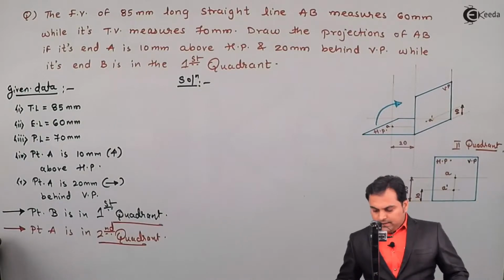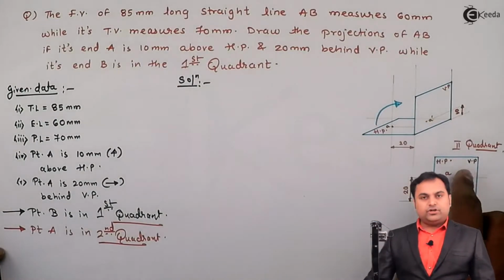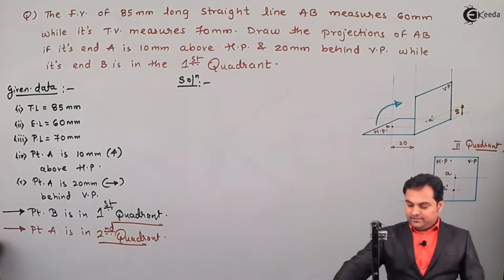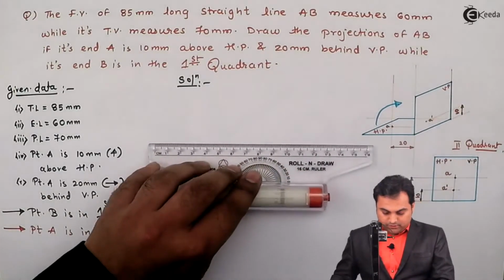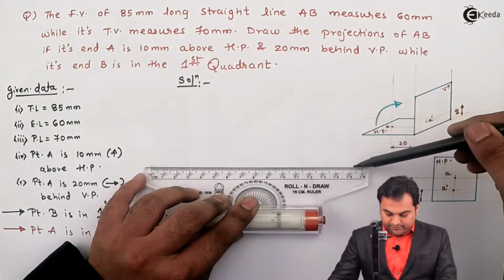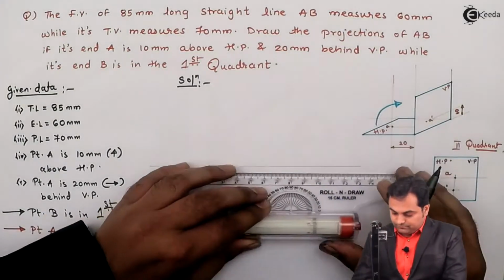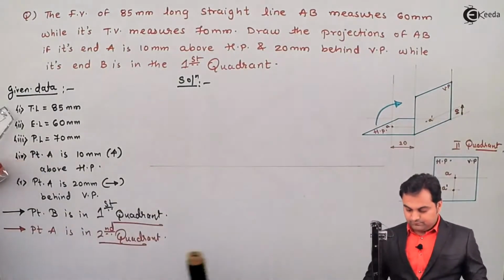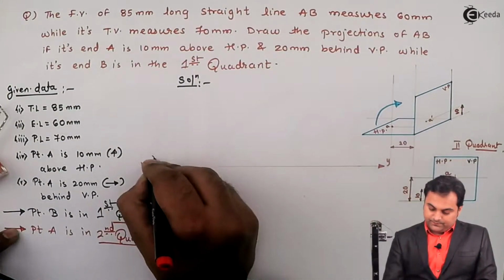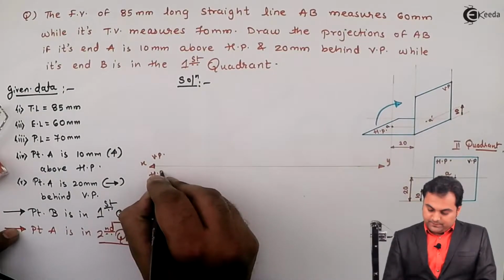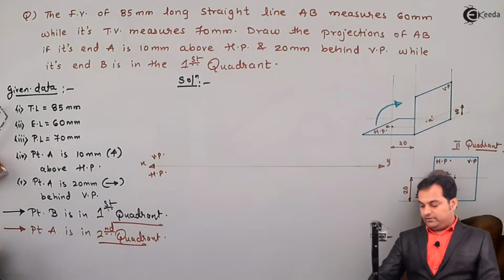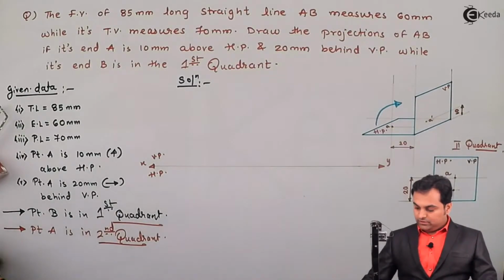So now I would be starting with this location of point A in the solution to this problem so that we can understand how it should be done. Now first I am taking a light horizontal line which is XY line. Here there is VP, HP. So first I am going to locate point A in a similar manner. We have understood that HP, VP are overlapping here.